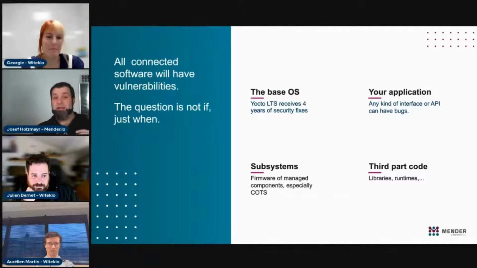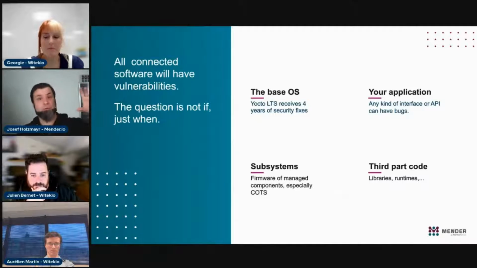I'm just going to say there are a lot of things that are outside of your control. And this is the base operating system. There are people who provide support for this. There are the third-party libraries that your application depends on and that you actually buy, for example.